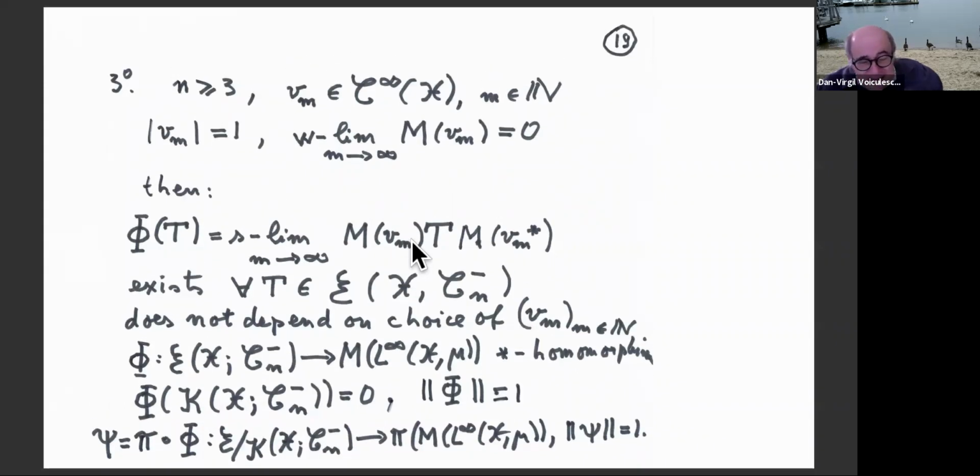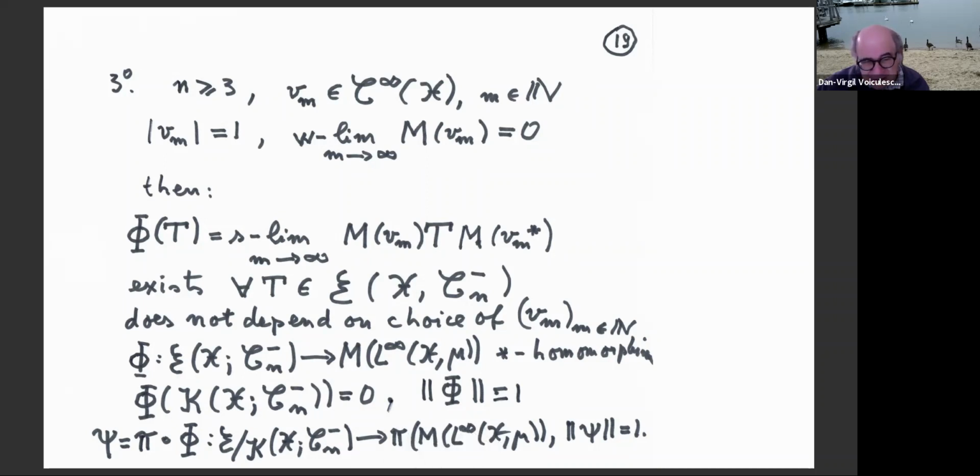Okay, now what does this give about the Calkin algebra? This map phi gives us, for the algebra E, a star homomorphism into the L infinity algebra on X with mu, and this vanishes on the compact operators. So we actually have from the Calkin algebra of X a homomorphism to the image in the Calkin algebra of the L infinity functions.